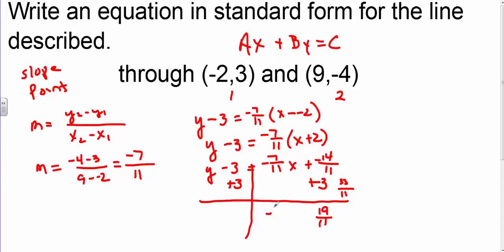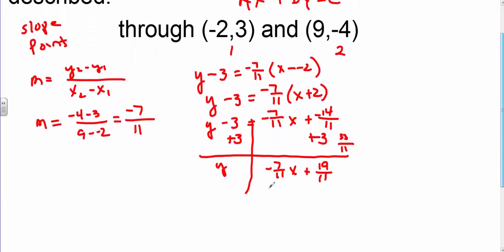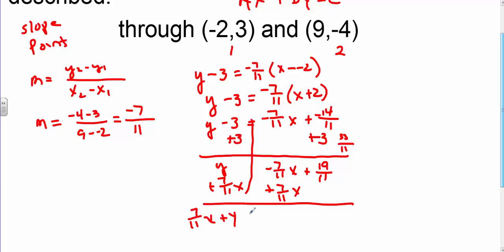And a minus 7 elevenths x. And we've got y over here. Now we want the x's to be on the other side. So we go plus 7 elevenths x and plus 7 elevenths x. That gives us 7 elevenths x plus y equals 19 elevenths.